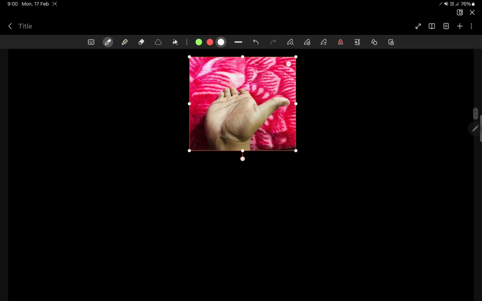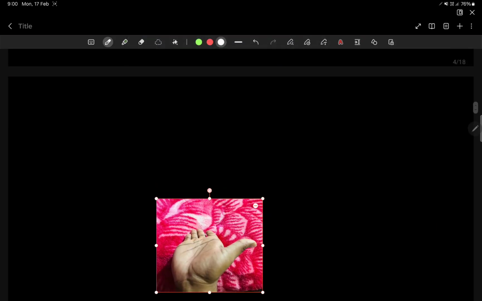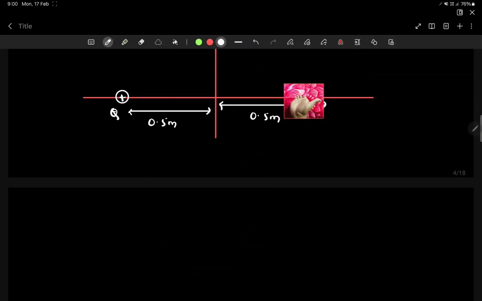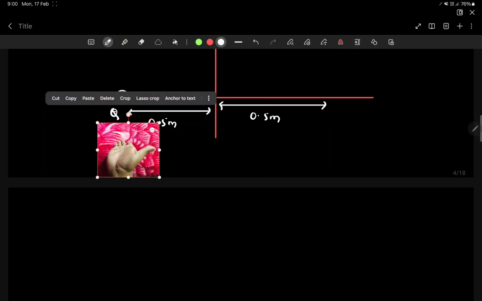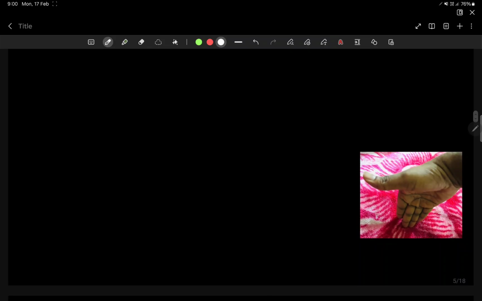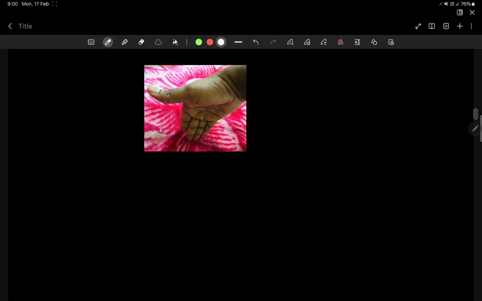I have taken a photo actually, so that you can understand in a very easy manner. This is the charged particle Q, and there is another picture also.